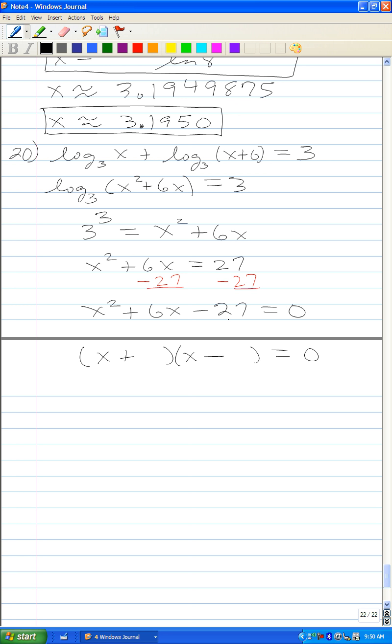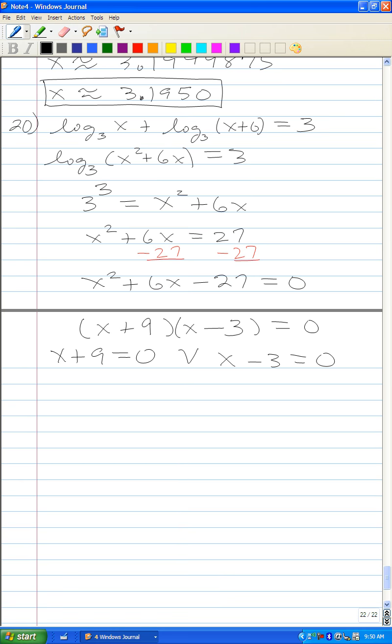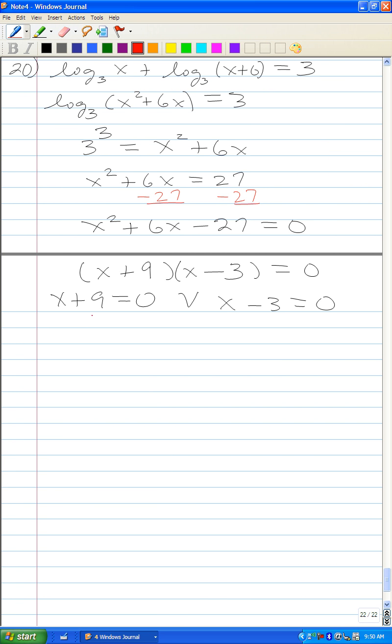I want two whole numbers whose product is 27 and whose difference is 6. 9 and 3. Set each factor to 0 and solve for x. Subtract 9, add 3. So x equals negative 9, x equals positive 3.